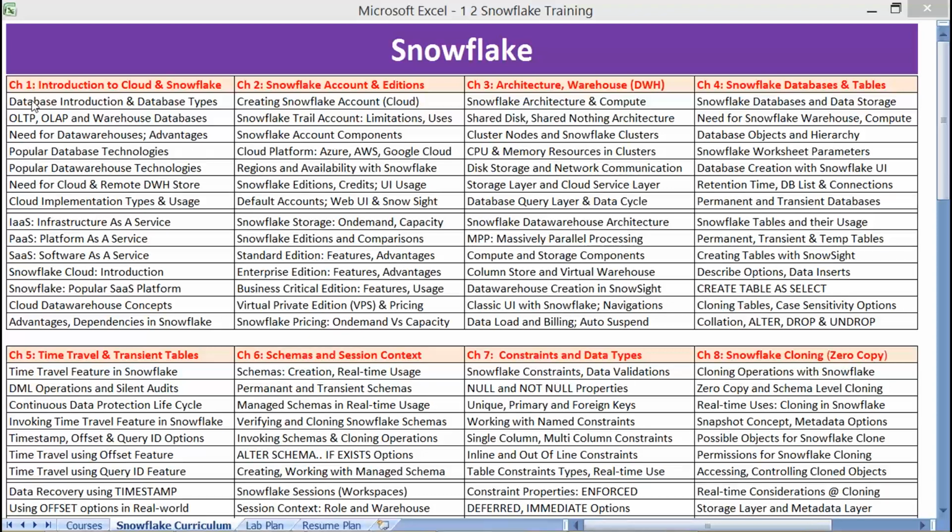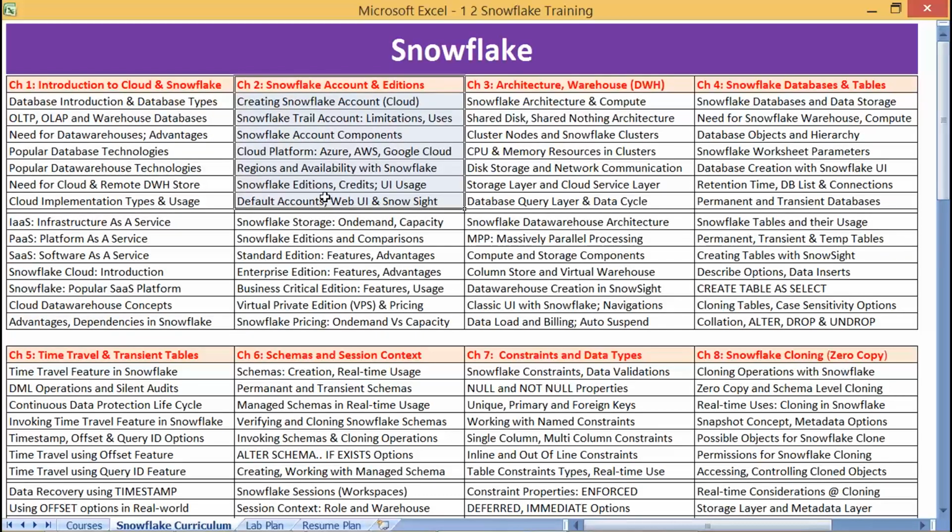We'll start from scratch, right from the basics of database introduction and cloud introduction. From there, we'll slowly step on to Snowflake account creation.